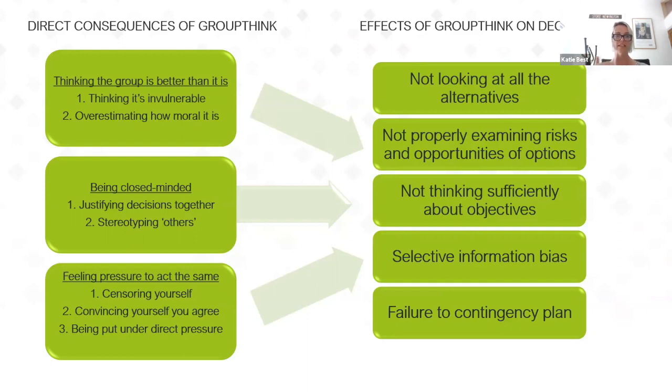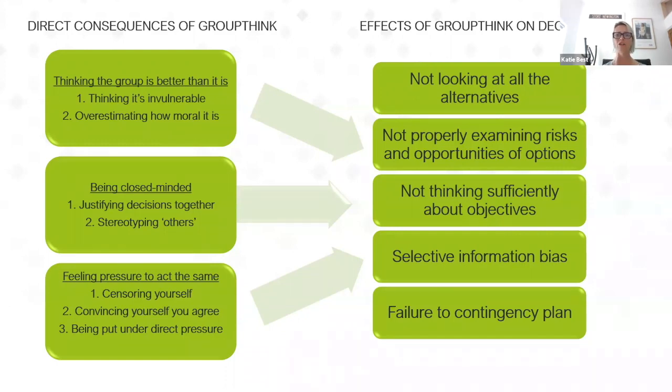But she had censored that view because she then saw that it wasn't the right thing to say. So a sort of double act of groupthink. She went with what the group thought, and then she also censored herself from saying anything about how last minute she made her decision. And there's also convincing yourself that you agree with other people and being put under direct pressure. All of these things are problems that groupthink creates, and sort of a self-fulfilling prophecy.